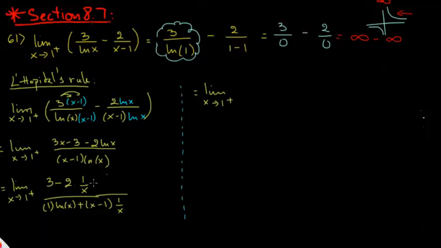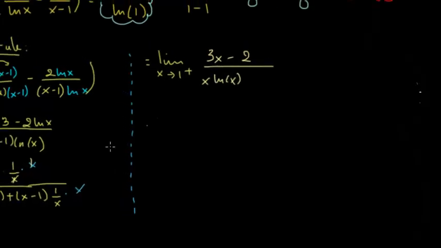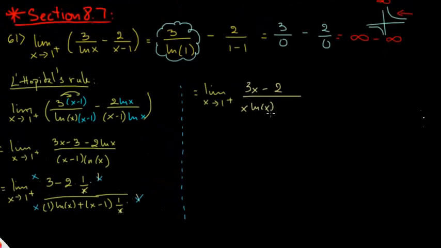If I multiply the top and bottom by x, this complex fraction, I will have 3x minus 2 over x ln x, and the rest cancels out, giving plus x minus 1.